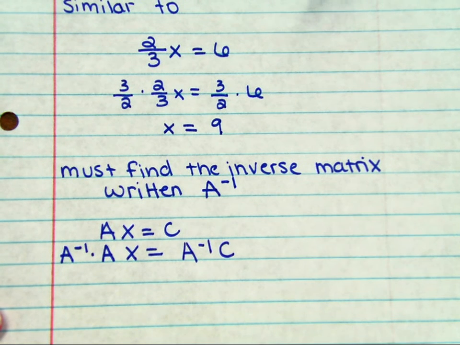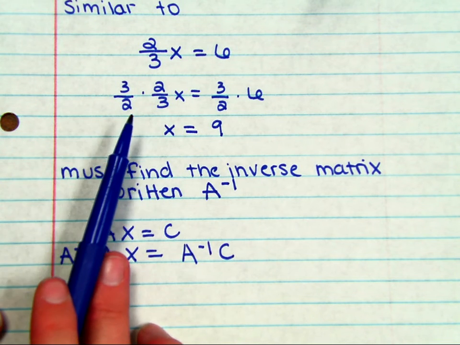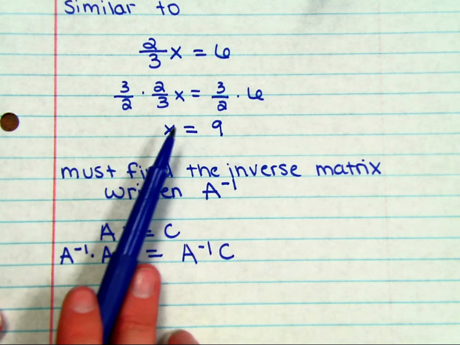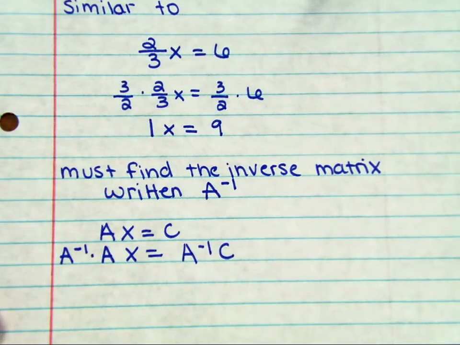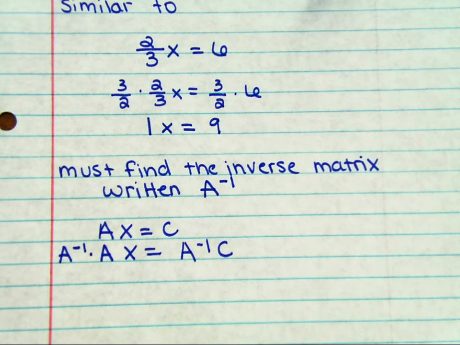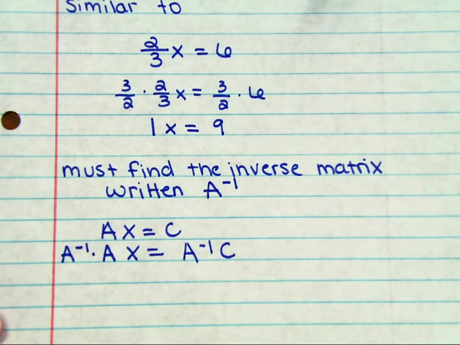Now, up here, when we multiplied by 3/2 times 2/3 and got X, really we got 1. We just don't write the 1. 1 is also known as identity. Well, a similar thing is going to happen here.